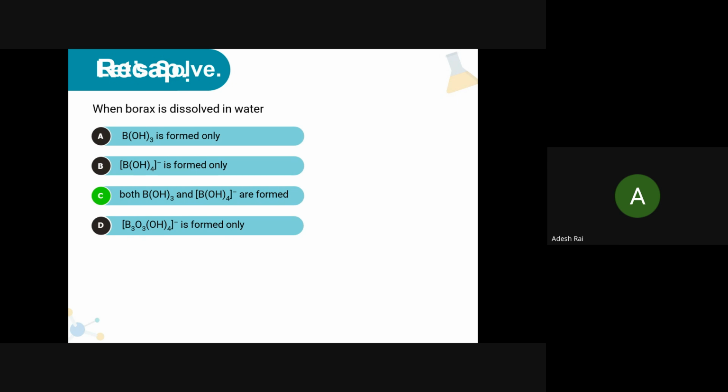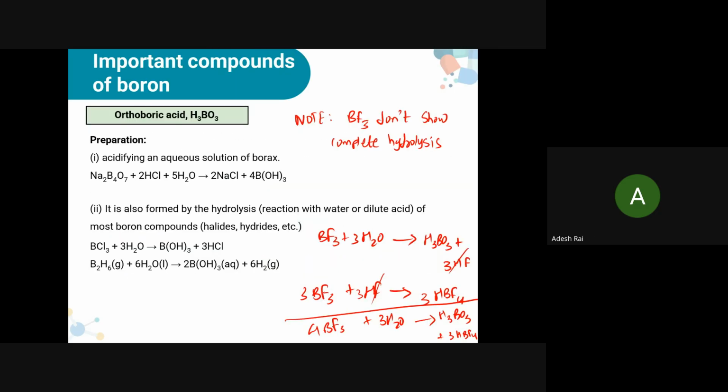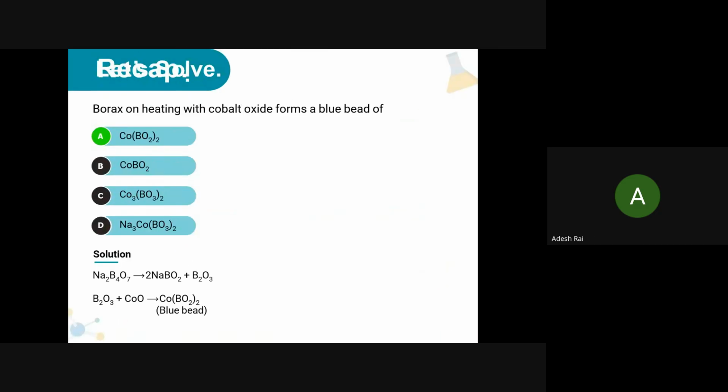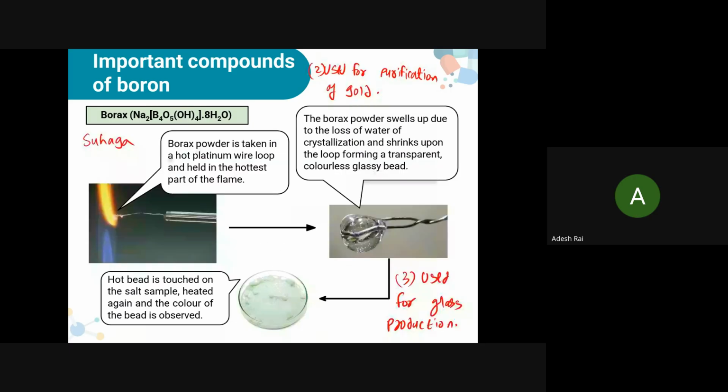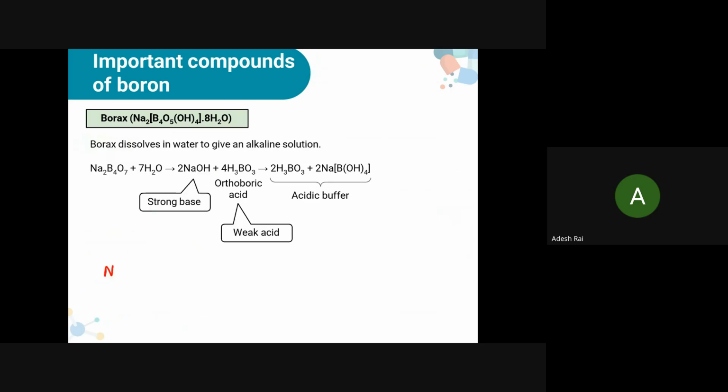We have studied the aqueous solution of borax. Sir, but how is it forming B(OH)4? Look here, the aqueous solution of borax. Just read this.